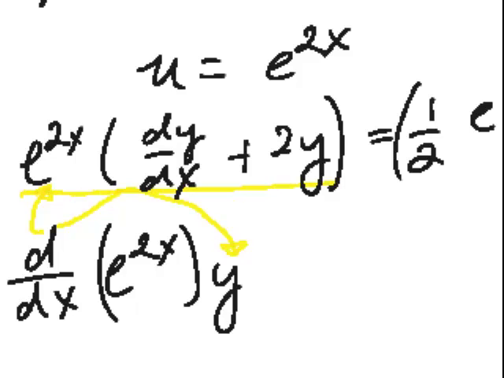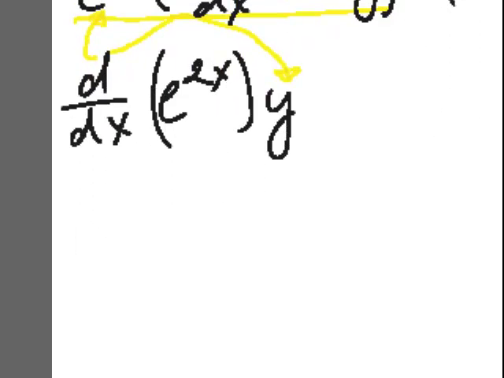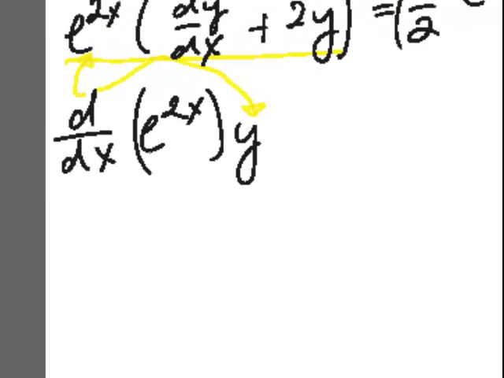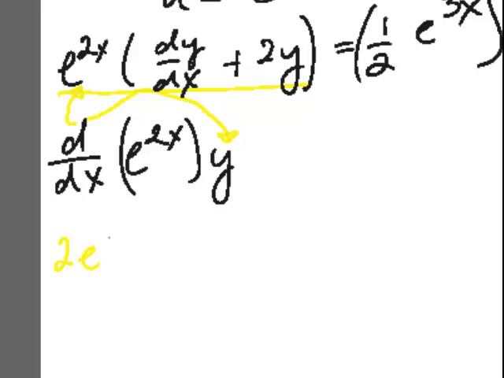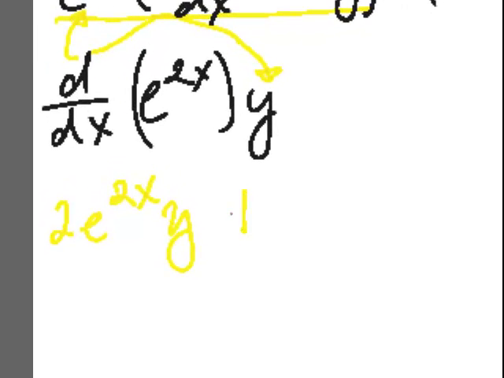So just as a quick proof, the derivative of e to the 2x is going to be 2 e to the 2x. This is not part of the problem. It's just to show you that indeed what I just said is true. And then plus the derivative of, first we write the e to the 2x without changing it, and then the derivative of y is 1.